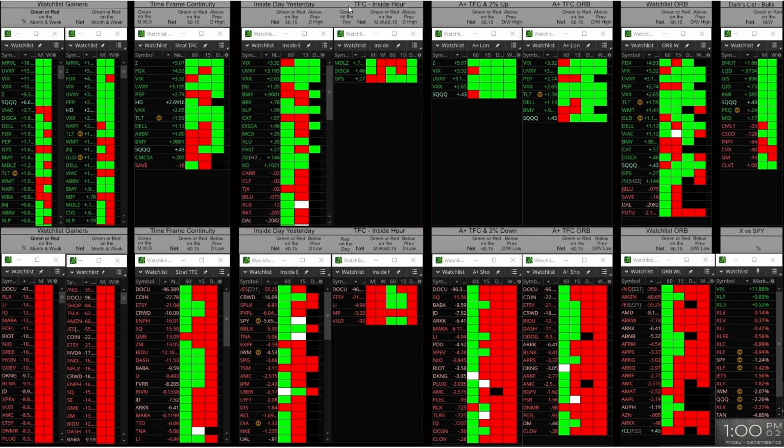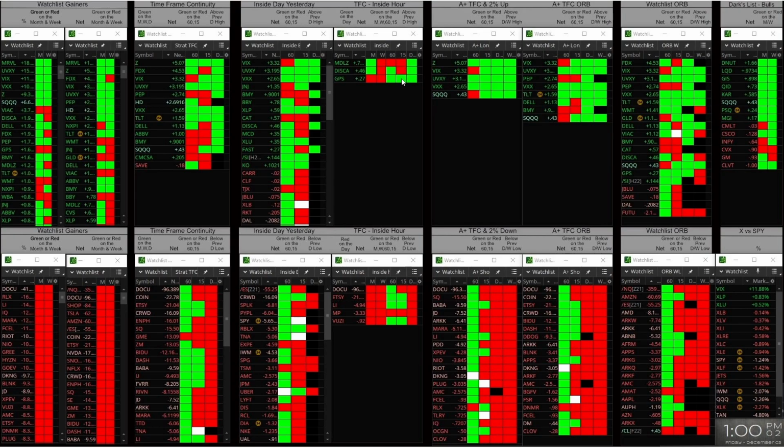The next one here is the time frame continuity inside hour. Okay. And so what we're looking at here is green on the day. It's got to be green on the day to show up here. And then is it green or red on the month, week, 60, and 15? Okay. The 15 is just an additional scan.